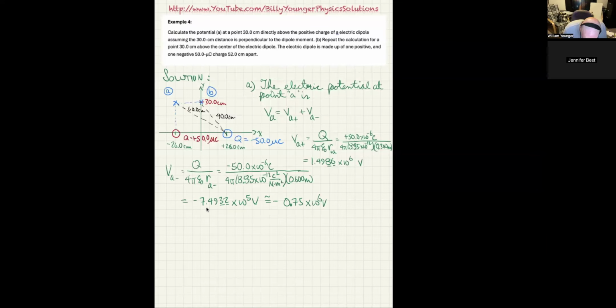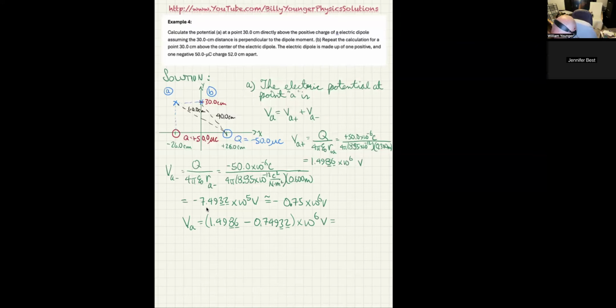So now I can say that the voltage at A is 1.4986 minus 0.74932, and both of those are times 10 to the 6th volts, but you can see they're actually subtracting.